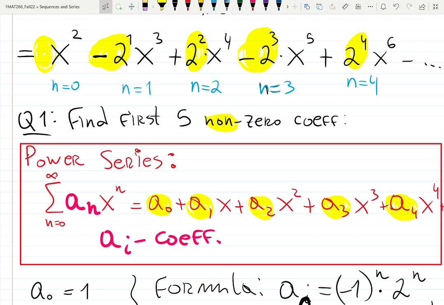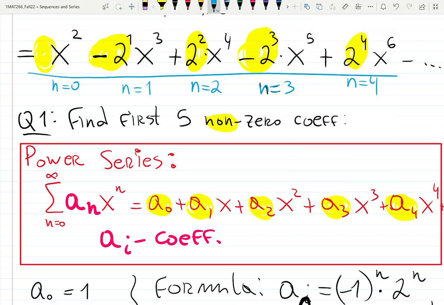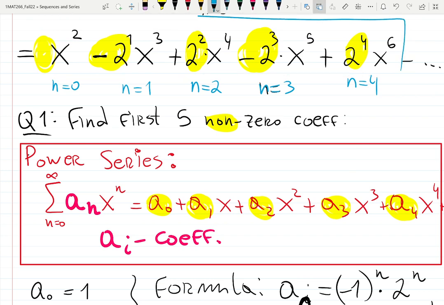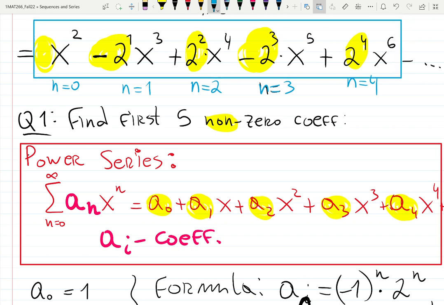Something is different. I'm talking about this box. Compare the blue box with the red box. What is the difference? Of course, their coefficients are different, but then we have x to the powers. So what is different? The very first two are missing.